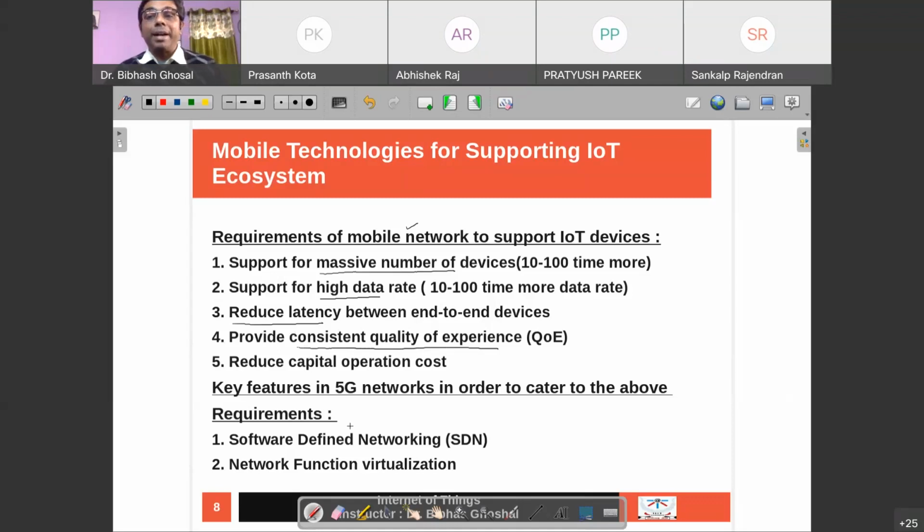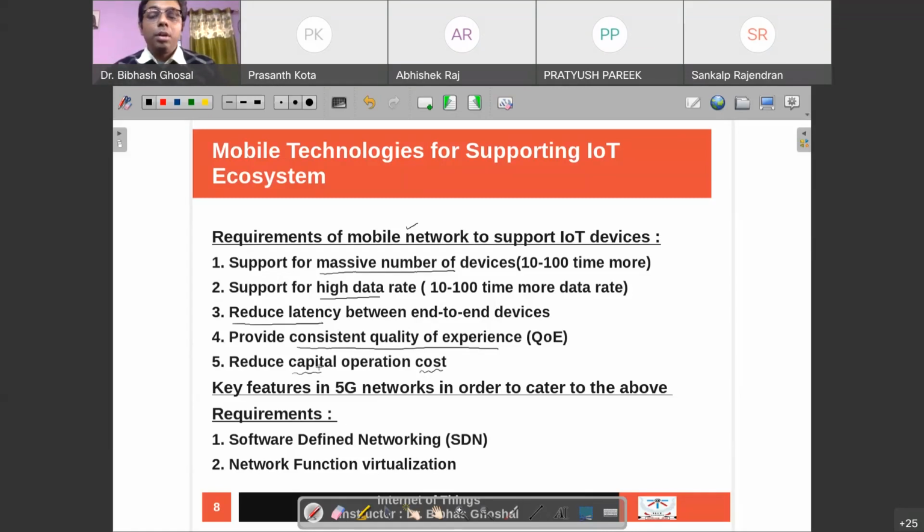It should not have packet drop or poor network. If you are using mobile for your IoT design, some IoT system you want to build, and you are going to use mobile for connectivity, well, you have to ensure that the mobile network is absolutely fine, or else there will be huge data loss. So it should provide consistent quality, and it should not add to the cost of the system.